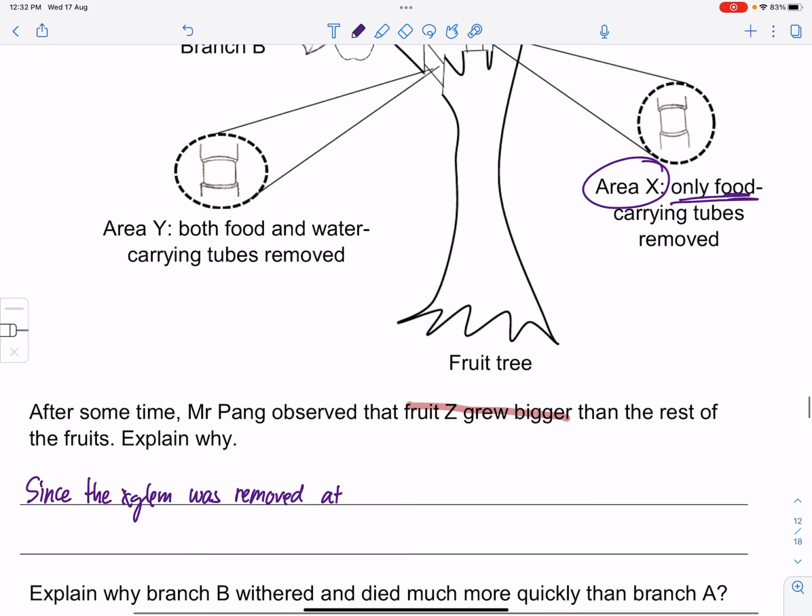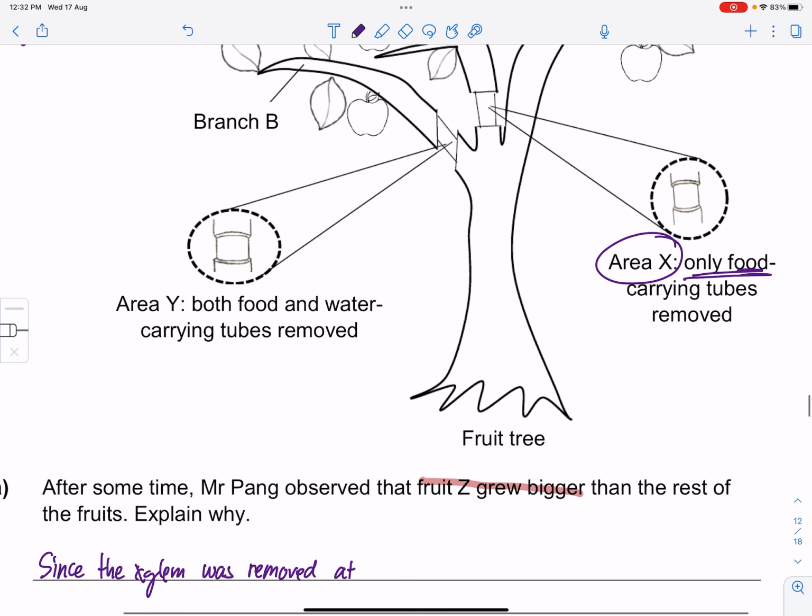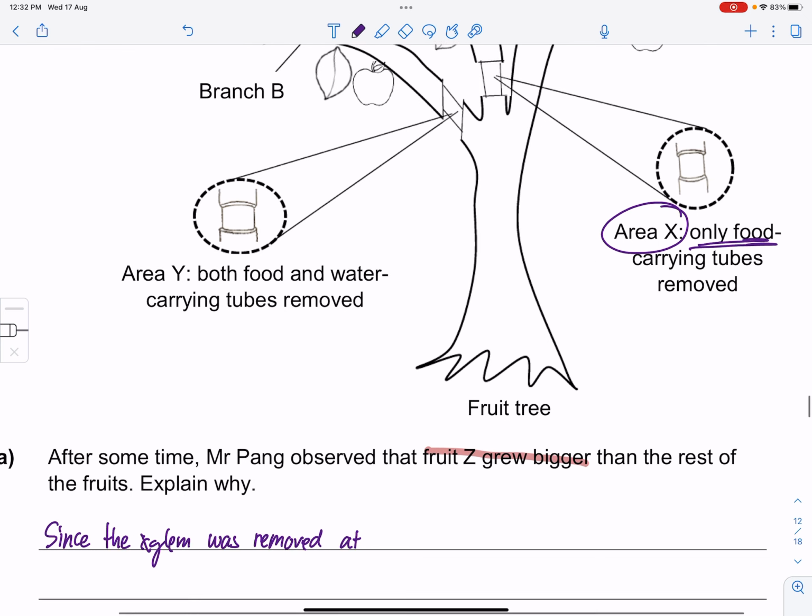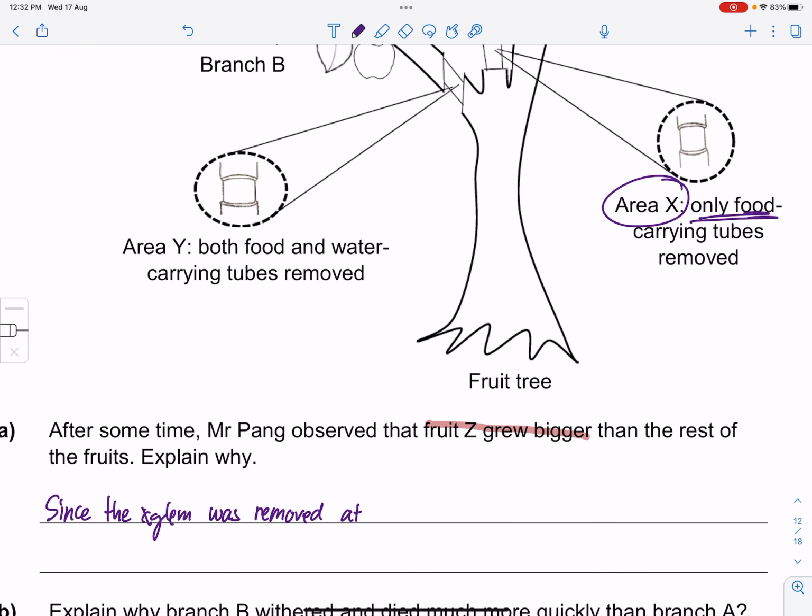You just told me that the water carrying tube was removed. Are you talking about area X or area Y? You need to be specific because there are two areas, and that's where you will lose marks. So, area X.